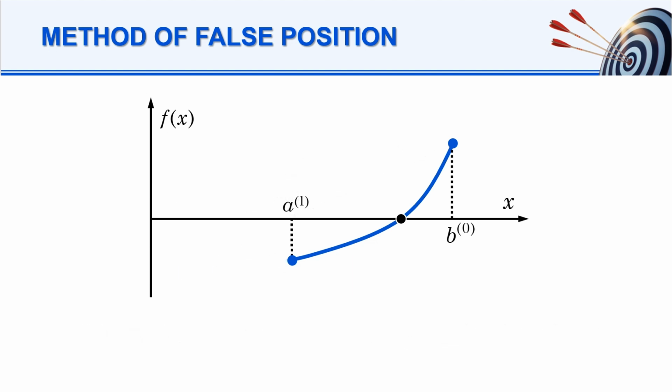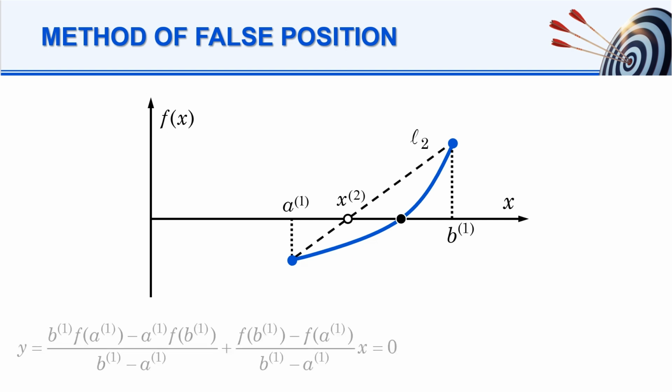We connect the endpoints of the new interval with a straight line, which intersects the x-axis. We obtain the equation of the line that passes through the endpoints and set it to 0. The second estimate is the intersection point x2, which also splits the interval into two unequal subintervals.